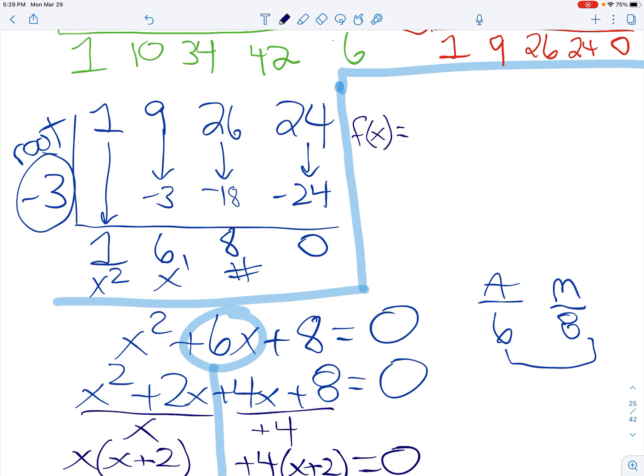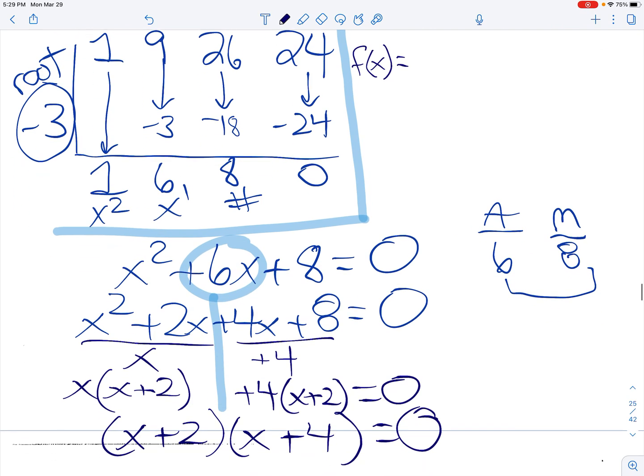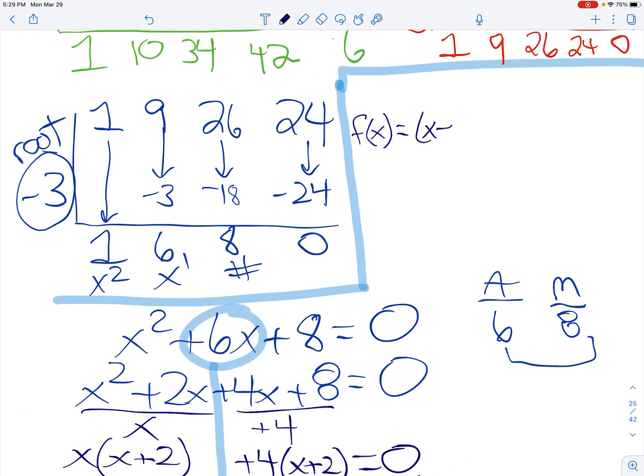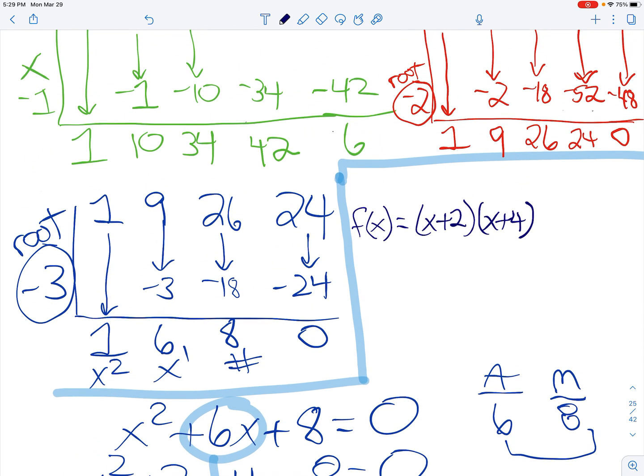So f of x, the complete factorization now, once again, I'm just rewriting the original function in factored form. So I'm going to take the x plus 2 and the x plus 4 from that factoring that I just did. X plus 2 times x plus 4. And then negative 3 is a root, meaning x plus 3 is the factor that led to that root. So it's going to be times x plus 3.